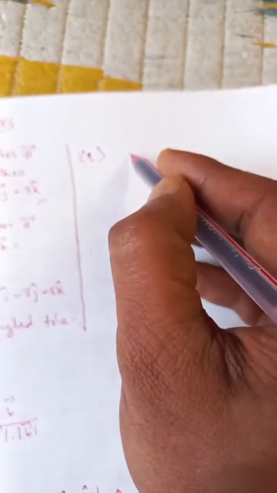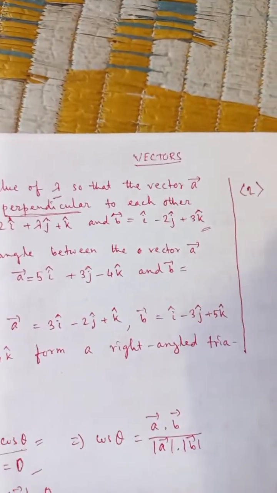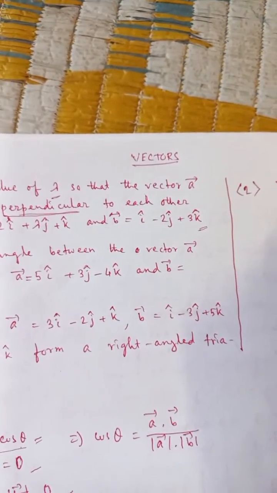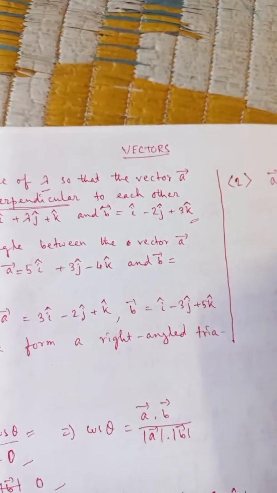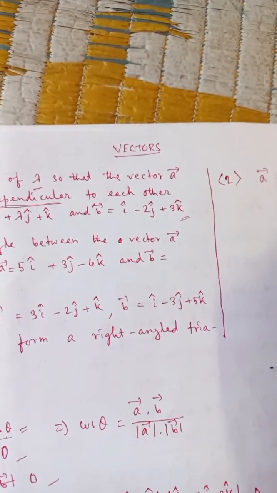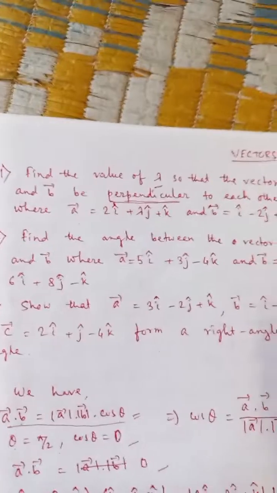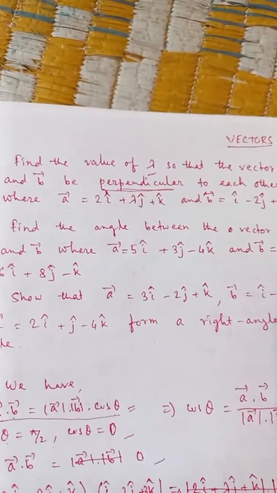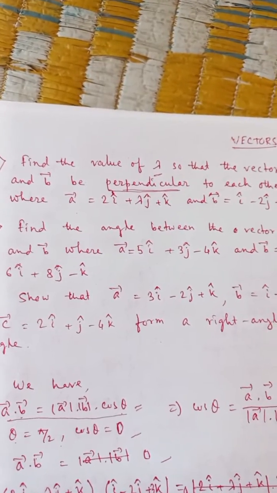So we will use this here. Cos theta, where A vector is given as 5i plus 3j minus 4k, and B vector is given as 6i plus 8j minus k.